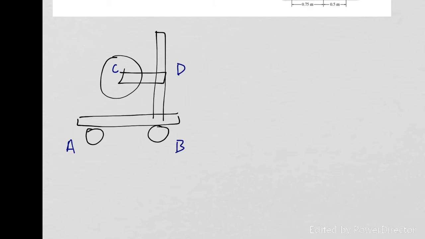That will be my lift truck, A and B. I will label each of them: A, B, D, and C. And one important point that people always neglect is the G. So our free body diagram will work in this manner.